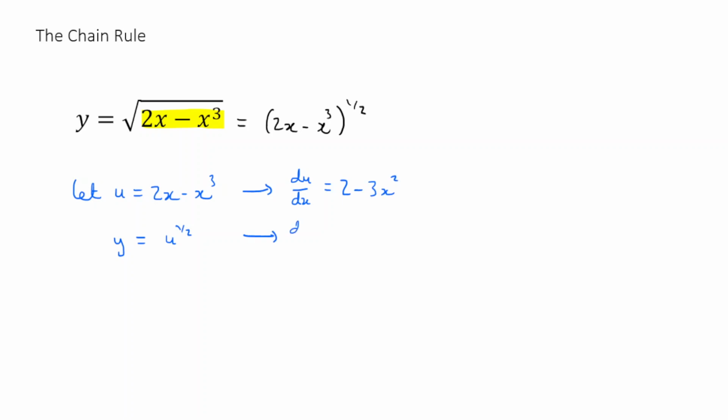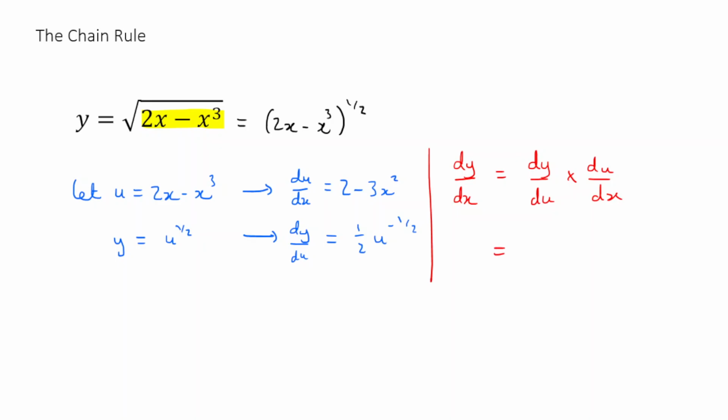And dy/du is equal to a half u to the power minus a half. Again, we bring the power down, we reduce the power by 1. And so what is dy/dx going to be? dy/dx is going to be equal to dy/du times du/dx.